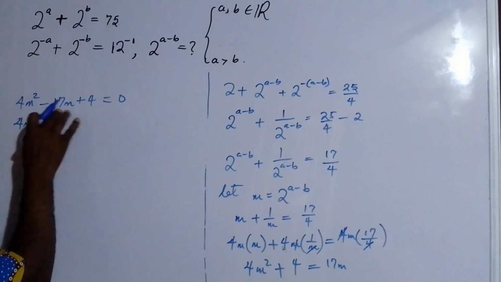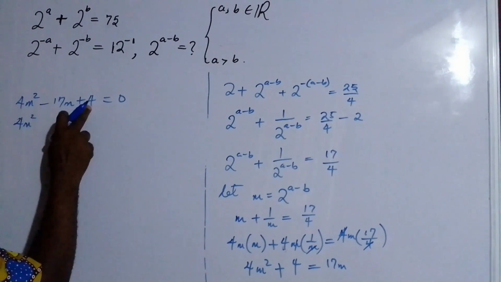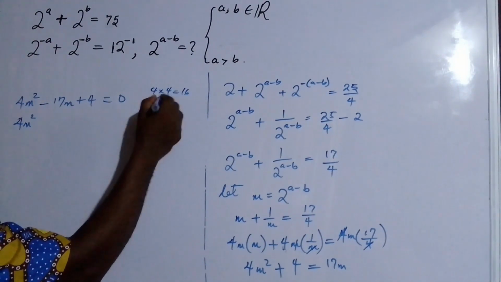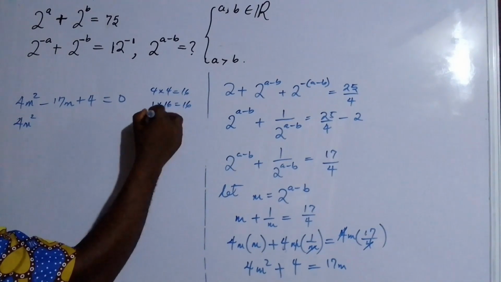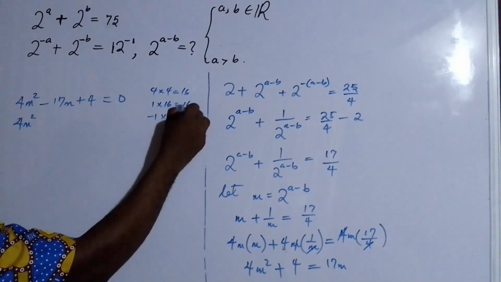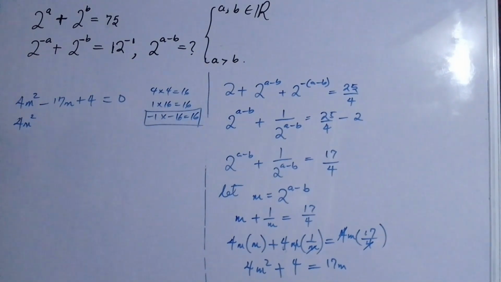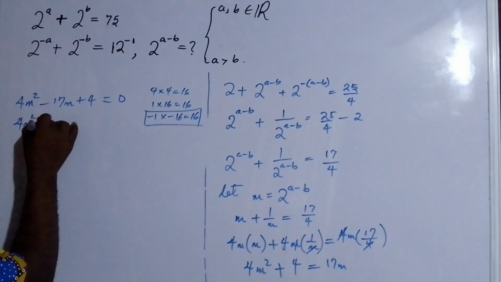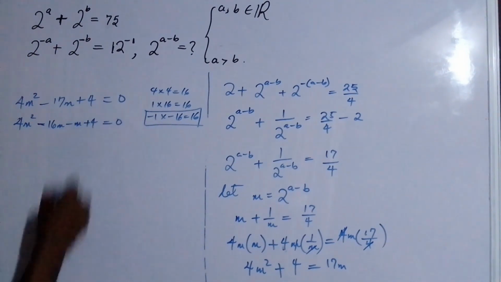So let me factorize this by using 4 multiplied by 4, which gives me 16. This is the same thing as minus 1 times minus 16, which is also 16. Since we have minus 17 here, this becomes 4m squared minus 16m minus m plus 4 equal to 0.